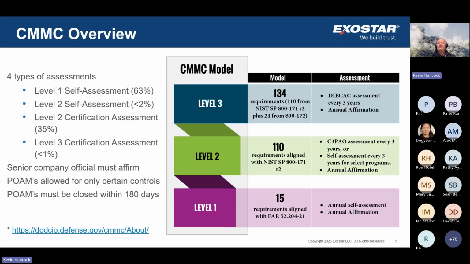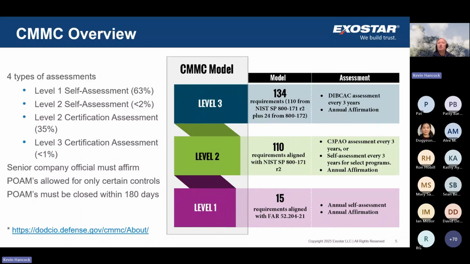A quick overview of the program, right? So CMMC puts together a program of 3 different levels. This is based on the material you're going to receive to fulfill a contract from the government or from a prime contractor because you've signed a subcontract with them.